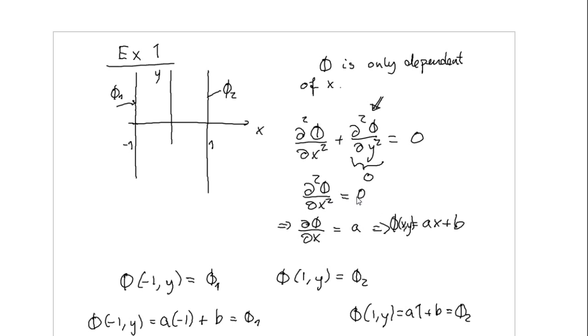So what does this mean? Well, if we find the antiderivative of the second derivative, the derivative of phi with respect to x must be constant. Let's call this constant a. And if we find the antiderivative of this function, this is also easy because it's just ax plus b.